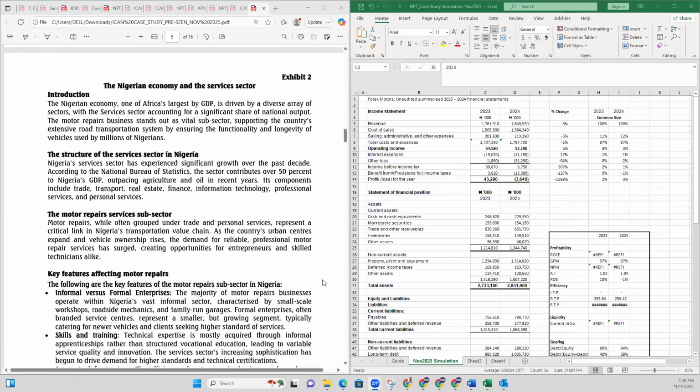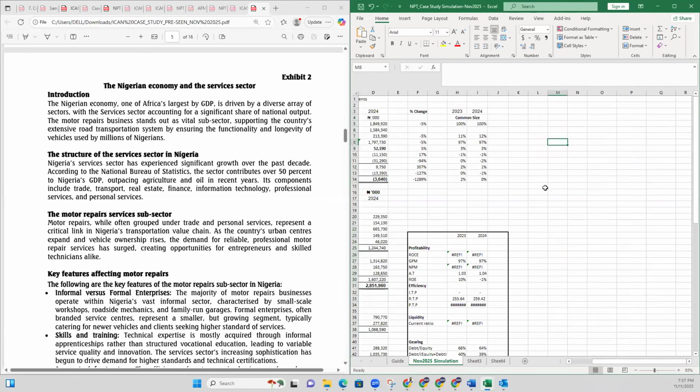The motor repairs services subsector. Motor repairs, while often grouped under trade and personal services, represent a critical link in Nigeria's transportation value chain. As the country's urban centers expand and vehicle ownership rises, the demand for reliable professional motor repair services has surged, creating opportunities for entrepreneurs and skilled technicians alike.